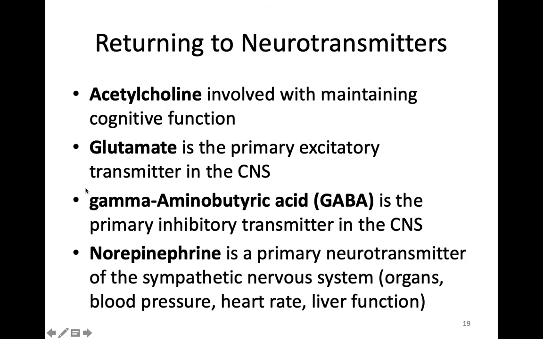Glutamate and gamma aminobutyric acid are basically our two neurotransmitters that work in both excitatory, in the case of glutamate, as well as inhibitory ways. They work together to control your brain's overall level of excitation, and that just means the readiness of your neurons to fire an action potential.